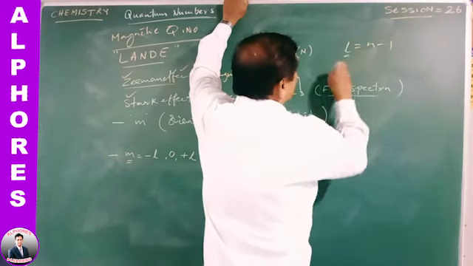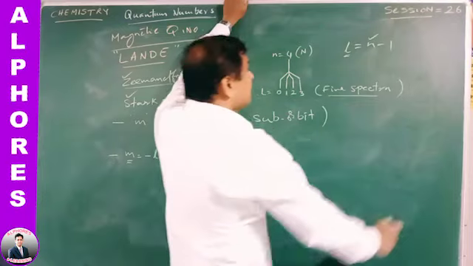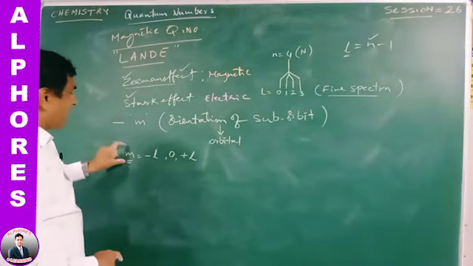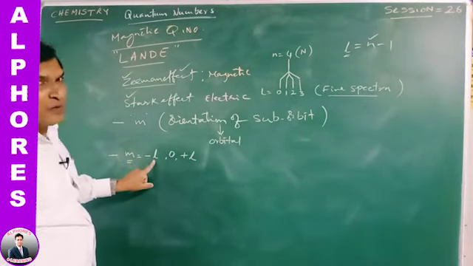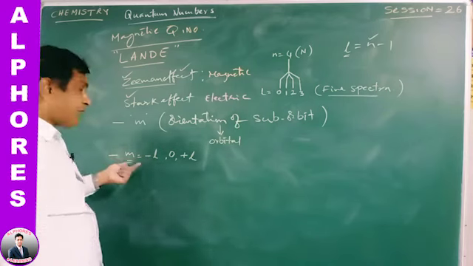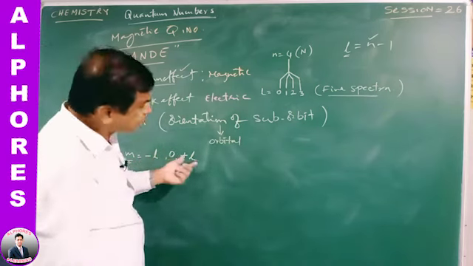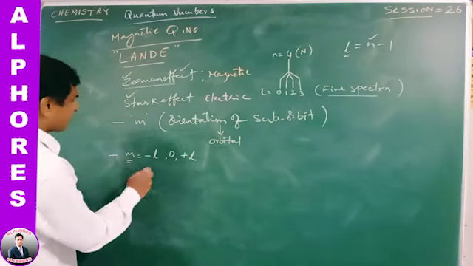Similarly, the magnetic quantum number depends upon the azimuthal quantum number. These values range from minus L to plus L including 0.